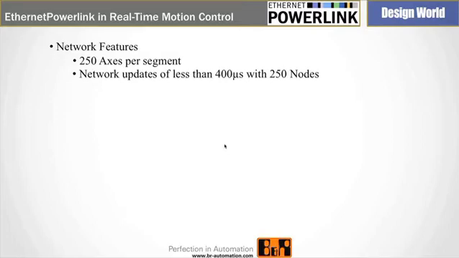Network updates of less than 400 microseconds with up to 250 nodes on the network. The 400 microseconds does vary, depending on the networks and the devices you've got on the network. I'll explain why that is in a subsequent slide.